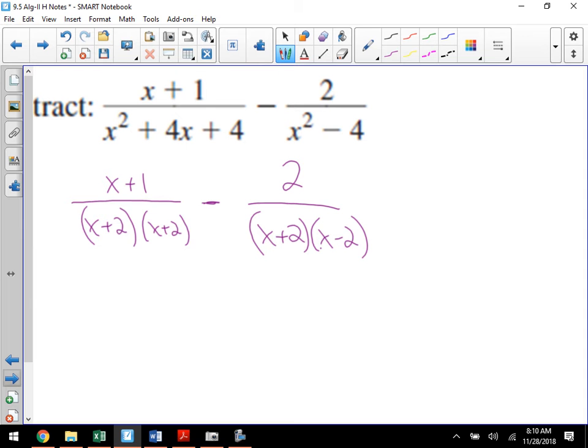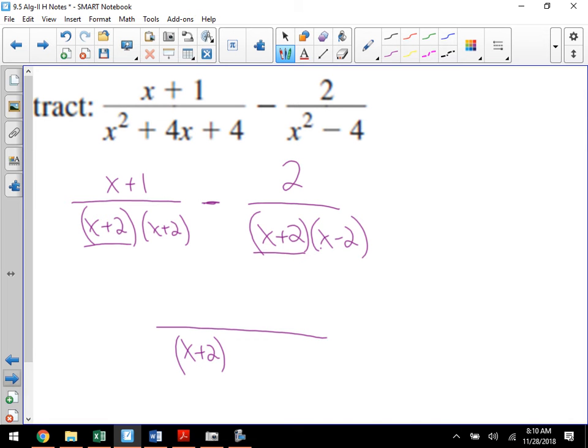So now when you start factoring things in their terms, what you want to do is go through and see which terms either of them have in common, if any. Do either of those two fractions have any term in common? They both have an x plus 2. Are we okay with that? So here's what we do. They both have an x plus 2, so I write it down.